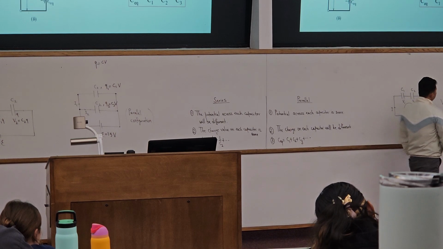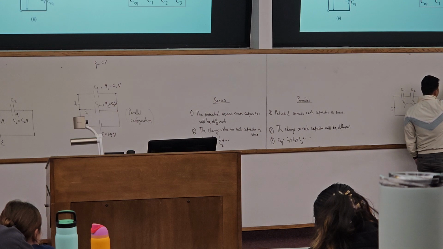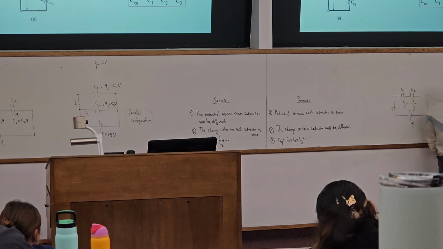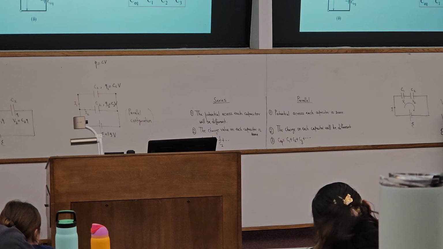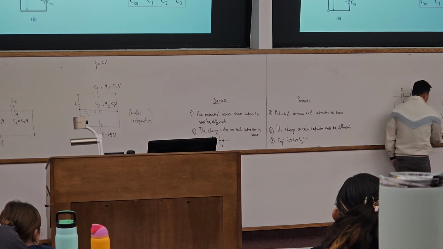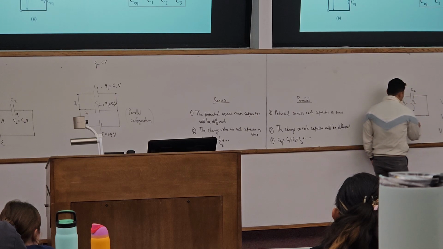This has the same form as this one. The potential is Q over C equivalent. And if you get confused with this one, you can even simply write a battery having the potential V. It's the same thing. The potential V from the battery.